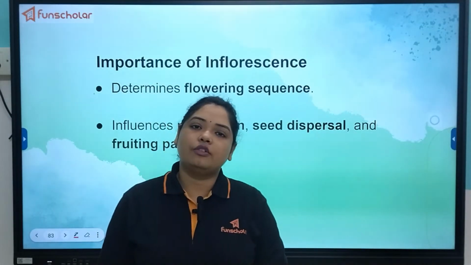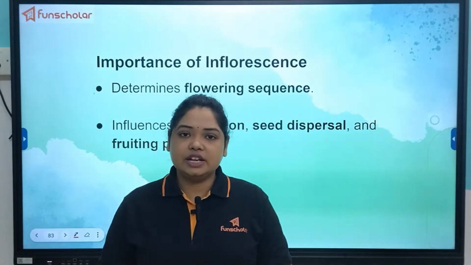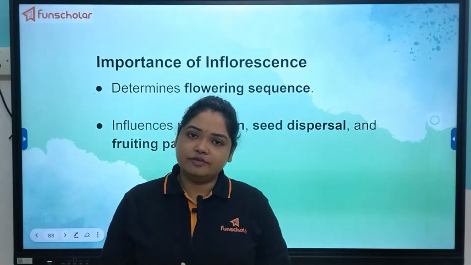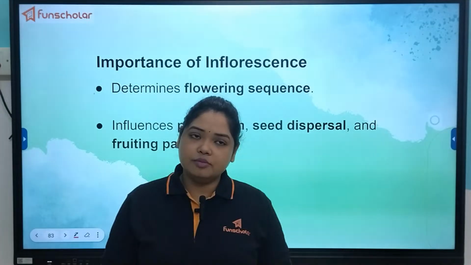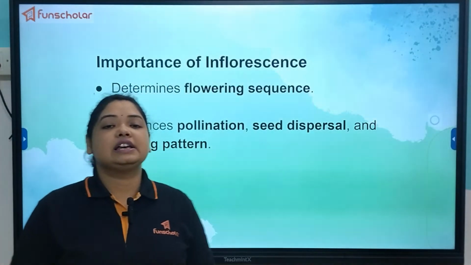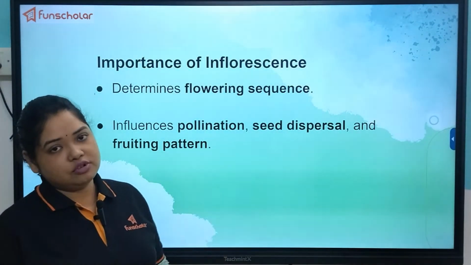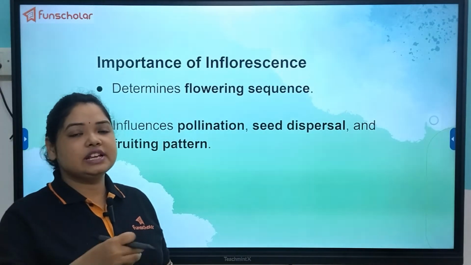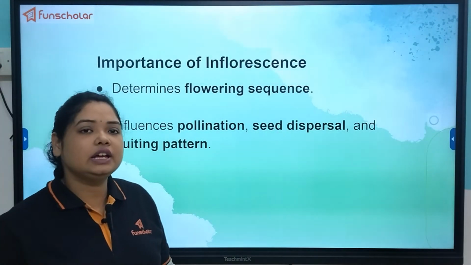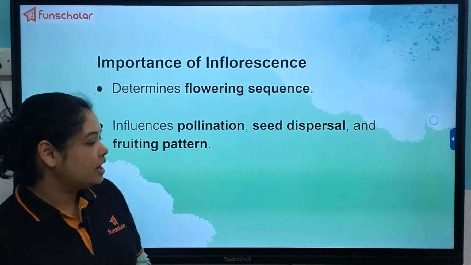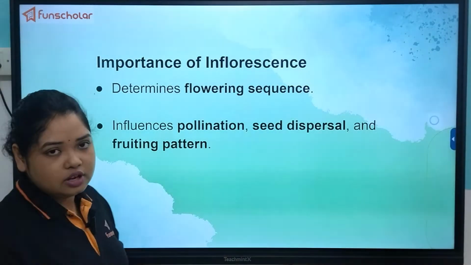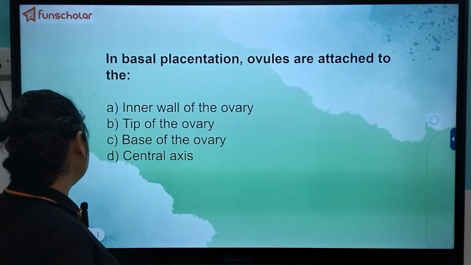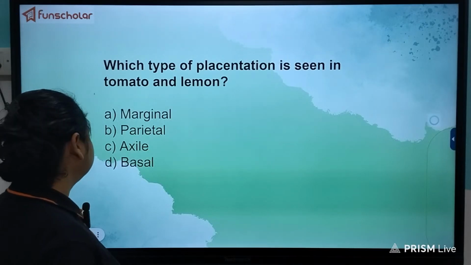But in racemose inflorescence, the flower present at the bottom is not so conspicuous compared to the cymose inflorescence, because the young flowers keep on growing at the top, and accordingly pollination will be affected. So we need to understand the processes which are linked to this phenomenon in the flower.